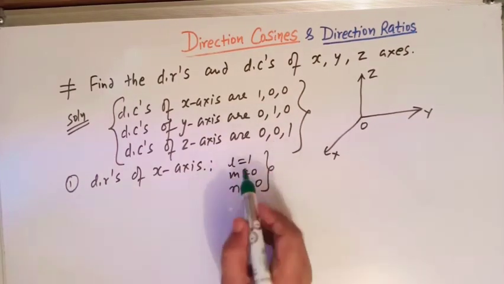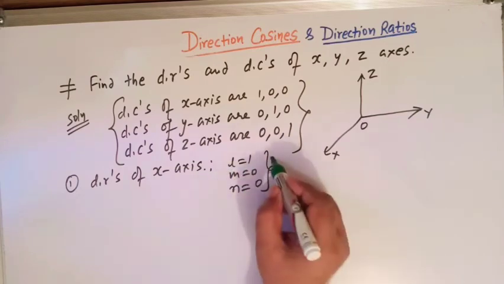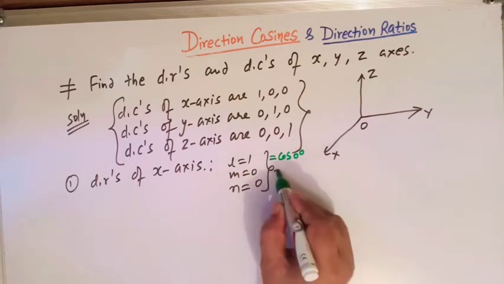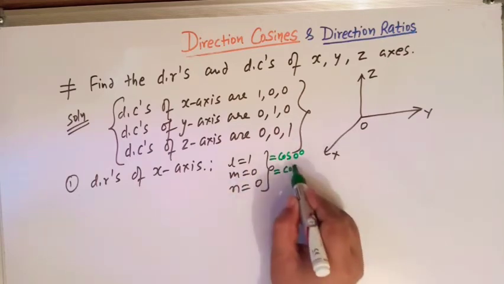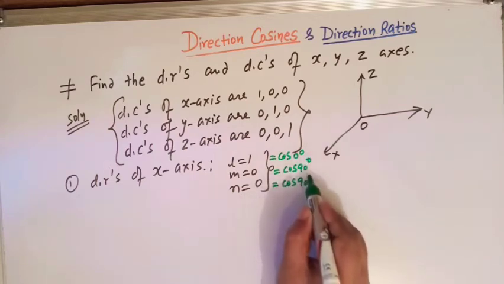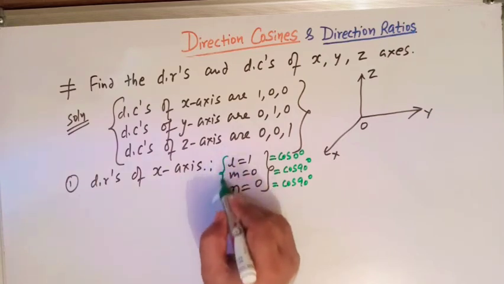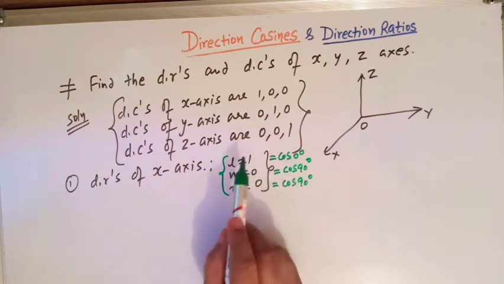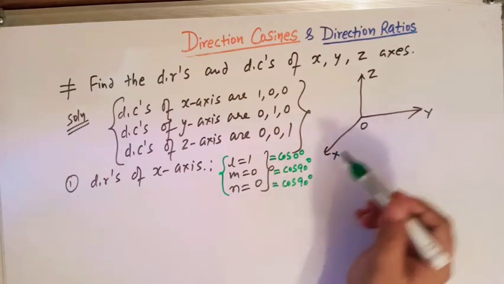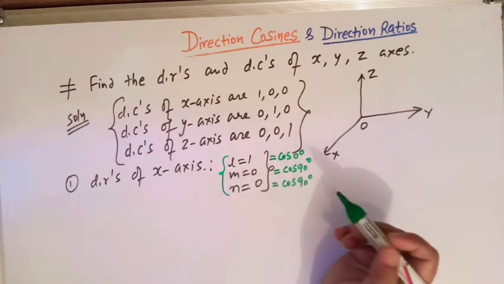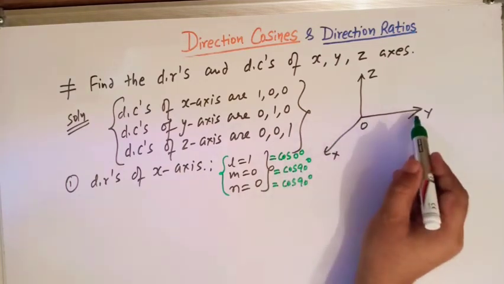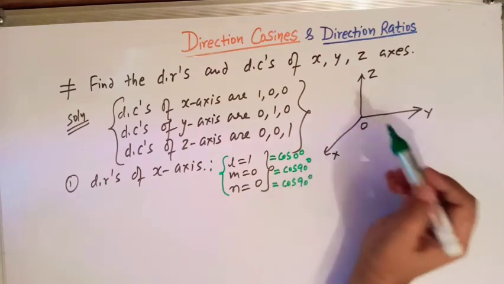Here l is 1 because we have cos 0 degree, and for m equal to 0 we have cos 90 degrees, and here we have cos 90 degrees, right? So this is how we find the direction cosines of x-axis, because x-axis makes angle 0 degree with itself, and 90 degree with y-axis, and 90 degree with z-axis.